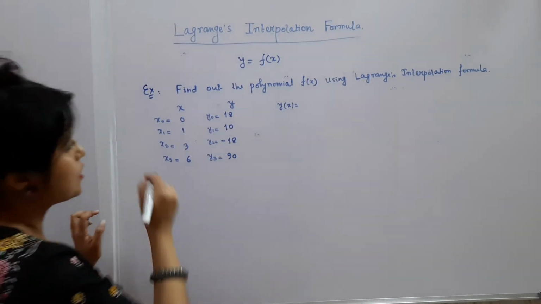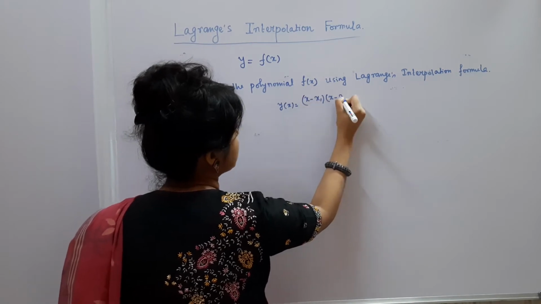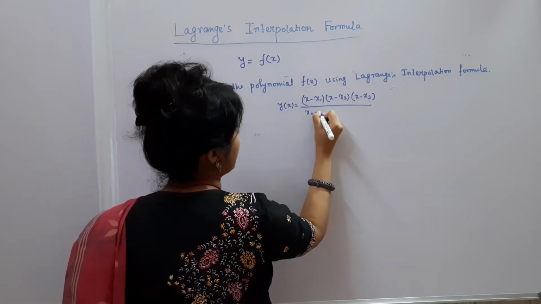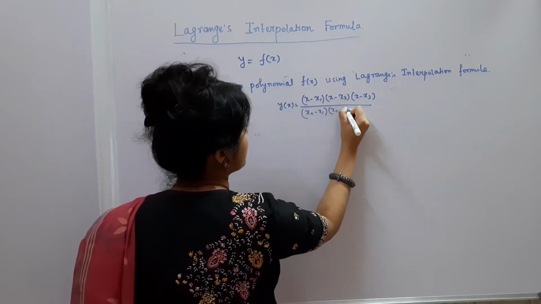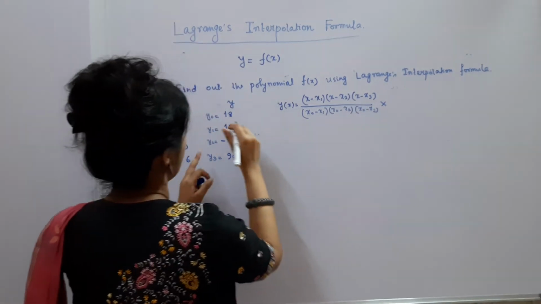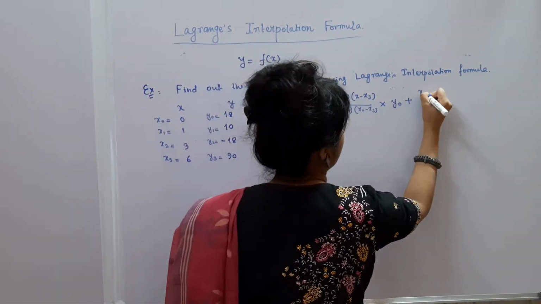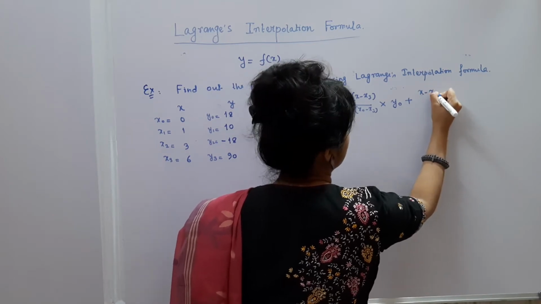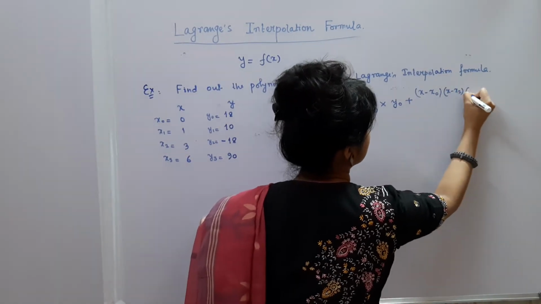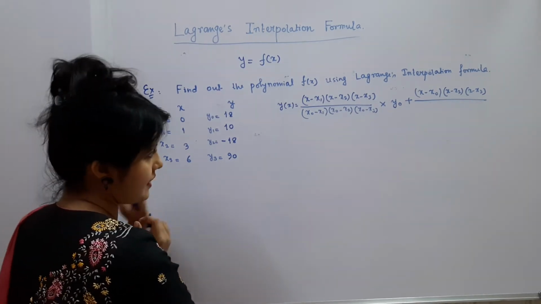y3. So, the expression for y of x would be like that, that is x minus x1, x minus x2, x minus x3, right? And in the denominator x0 minus x1, x0 minus x2, x0 minus x3, into y0 plus x minus x0, the term x minus x1 will be missing, x minus x2, x minus x3, because here x3 is the highest term, the last term.